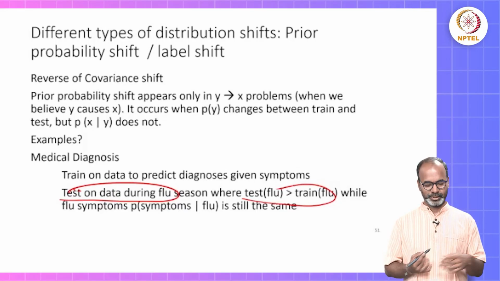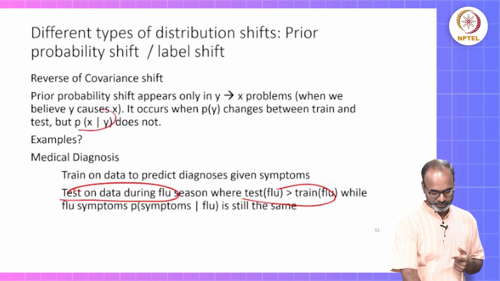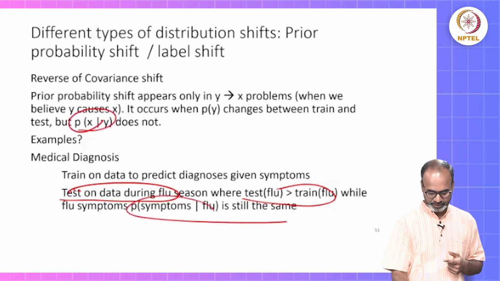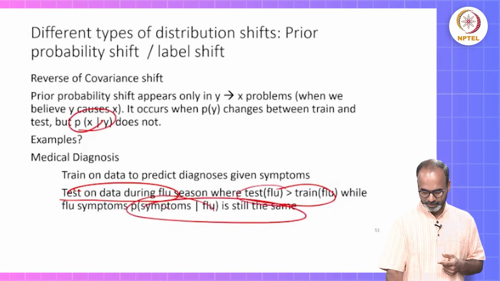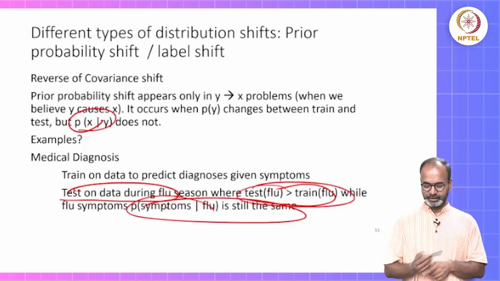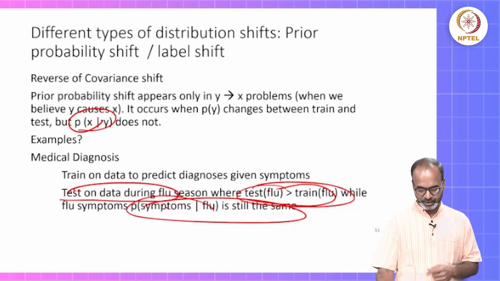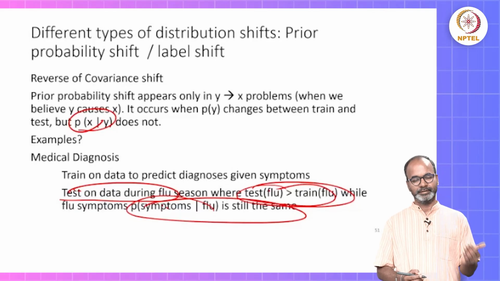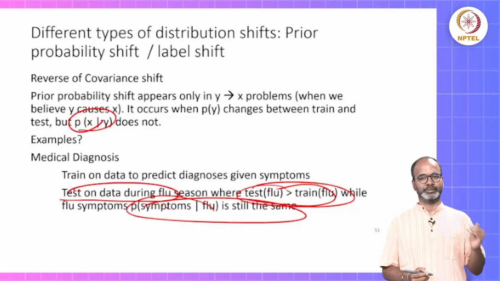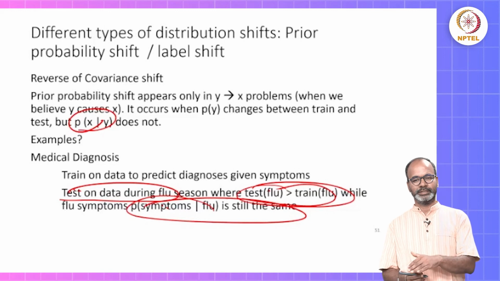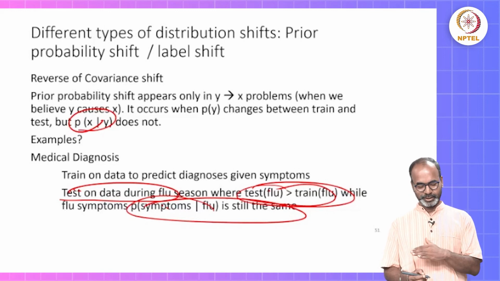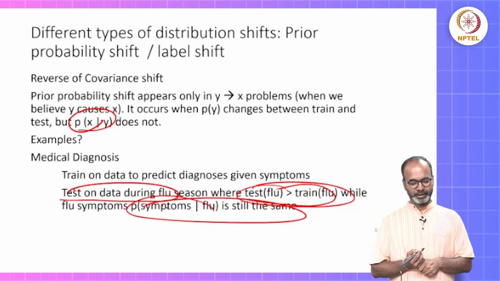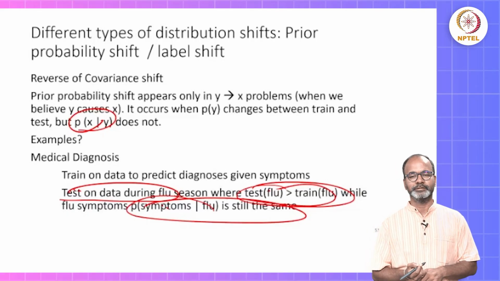So there is a relationship between flu and symptoms, and the training phase was done in a normal condition, whereas the test phase is done when the flu season is happening, and that's why this is a prior probability shift or a label shift.